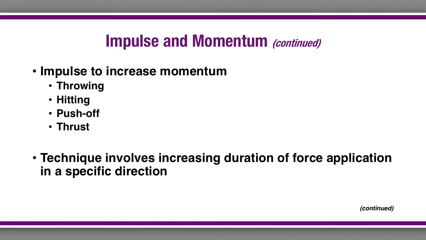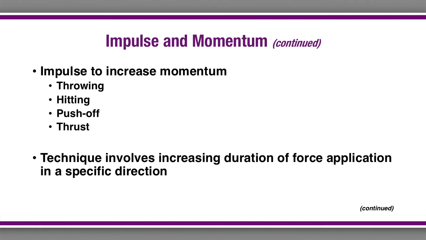In jumping events or some type of propulsion events, our bodies might be the objects that we want to increase the momentum. So in all of these activities, though, the techniques used can be explained, in part, by the impulse and momentum relationship. So a large change in velocity is produced by a large average net force acting over a long time interval.